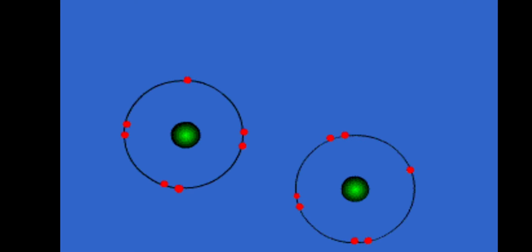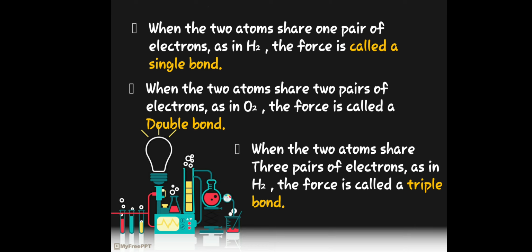So that is the representation. So, when the atoms share one pair of electrons, as in, let's say, hydrogen 2, the bond is called a single bond. If atoms share one pair of electrons, it is called a single bond.